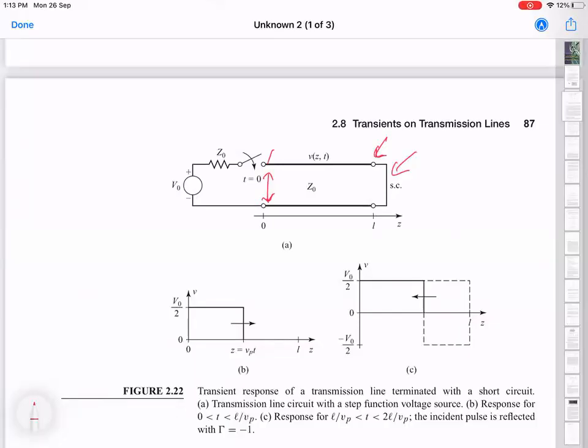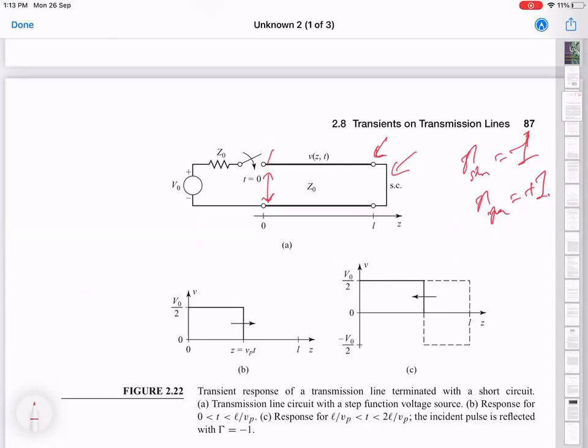But now, at this point, you have a reflection coefficient of -1, because it's short. So gamma short is -1, and gamma of open is +1, because it's (ZL minus Z0) over (ZL plus Z0). So ZL is 0, giving -1.